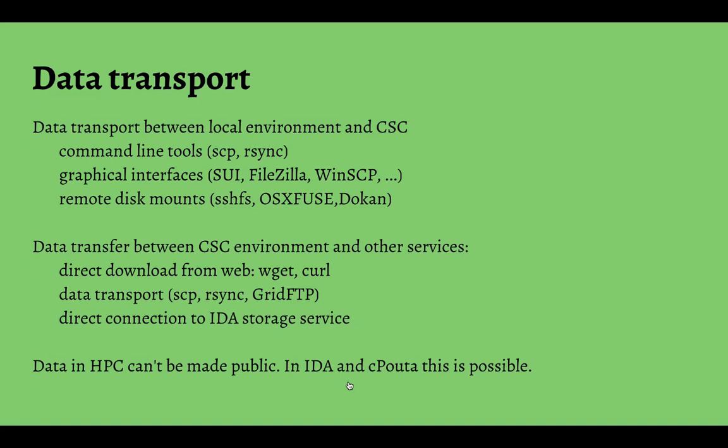So you can use direct download commands from web like wget or curl, and there are data transport tools like rsync or gridftp, which you can use to duplicate some dataset from a public repository in the internet to CSC environment. And also there's a direct connection between IDA and CSC HPC environment, so you can also bring data back from IDA quite easily to the CSC environment.